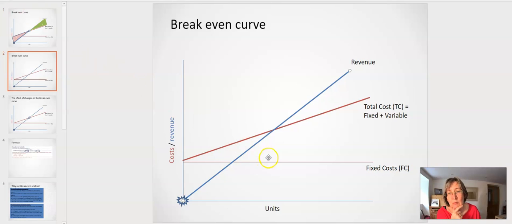We then have the revenue line. It will always start from the 0 point on the axis, and it will go diagonally upwards. If we are lucky, it will cross over the costs, and at that point, that is the break-even point, at the position where the revenue crosses over the costs.